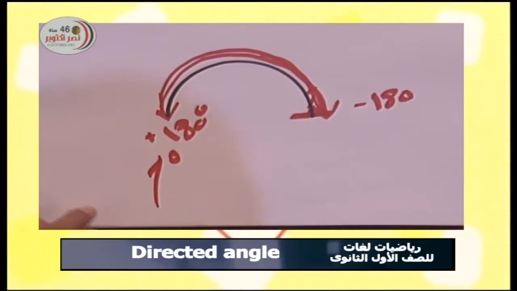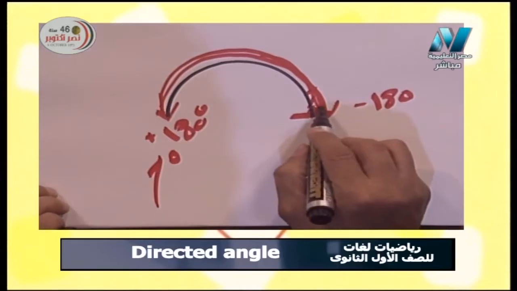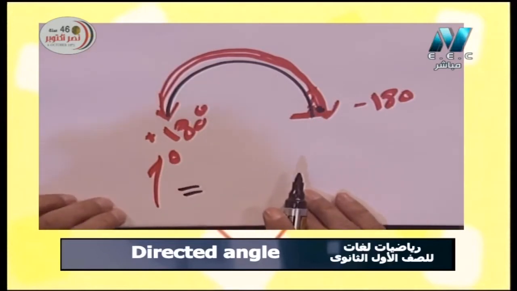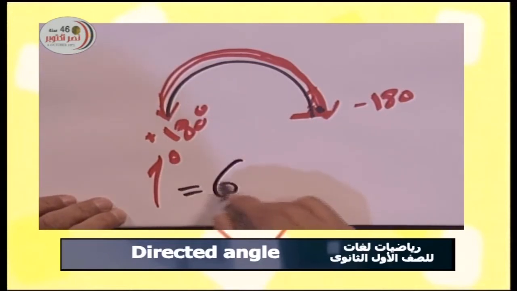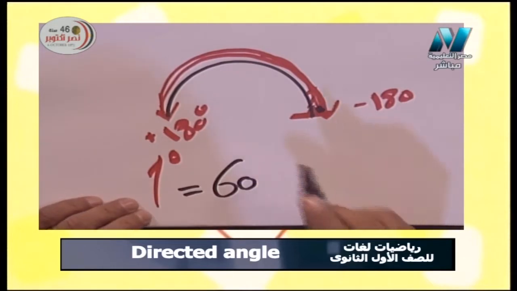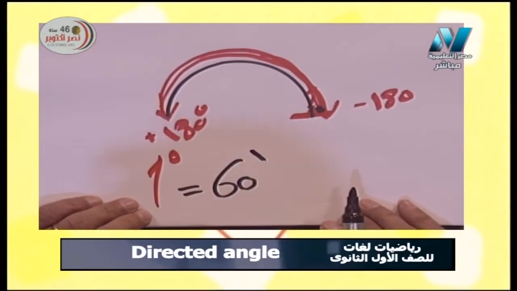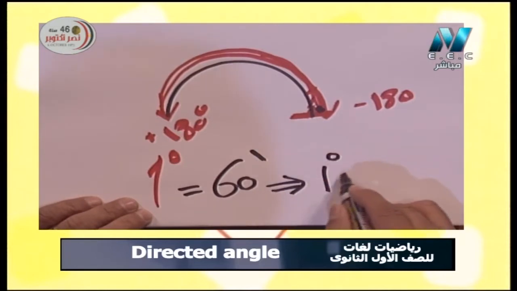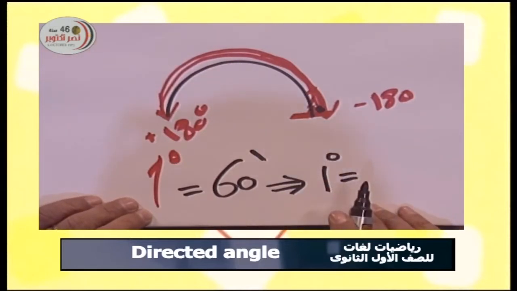Okay, what is 1 degree? 1 degree is a small part here, and mathematicians divide it into 60 equal parts. We call them 60 minutes, and each minute we divide into 60 equal parts.